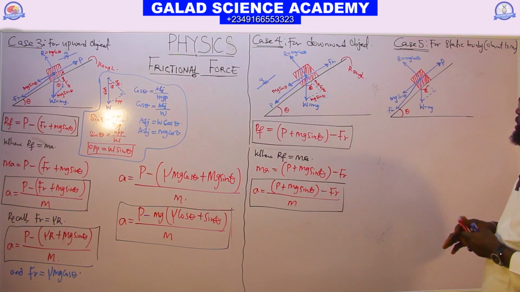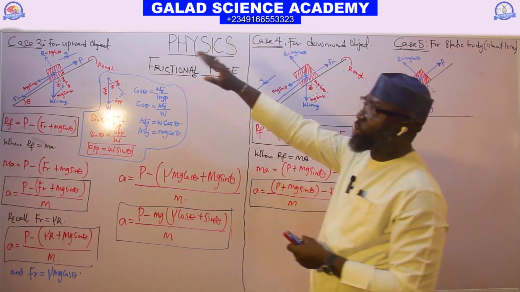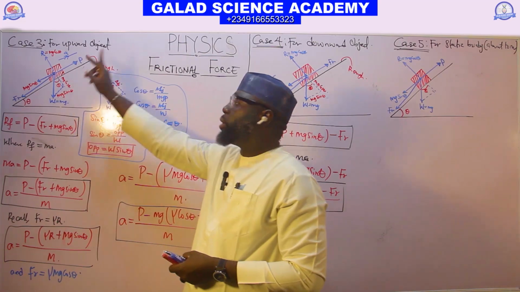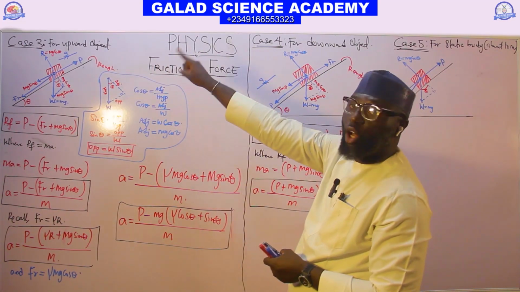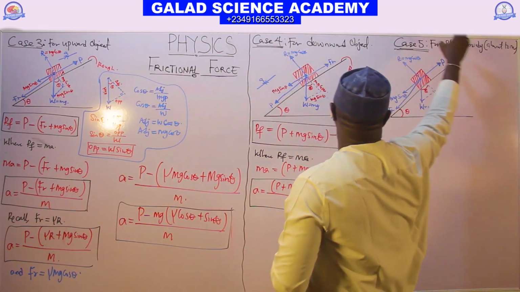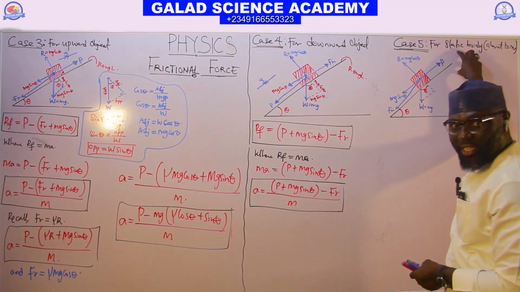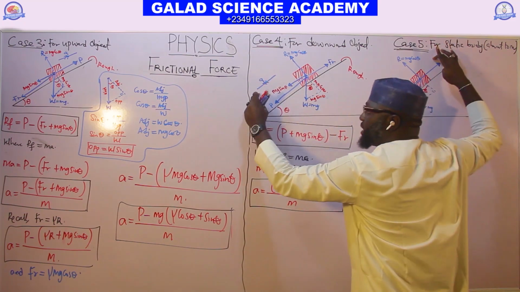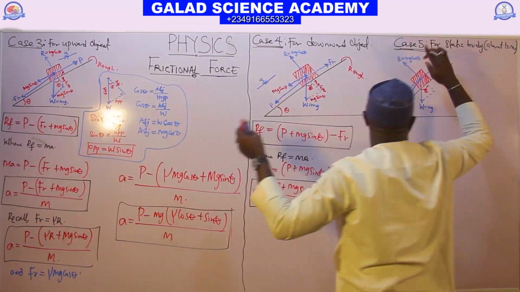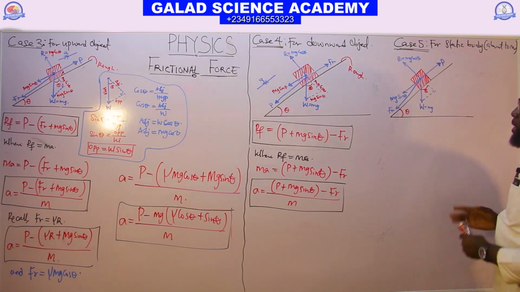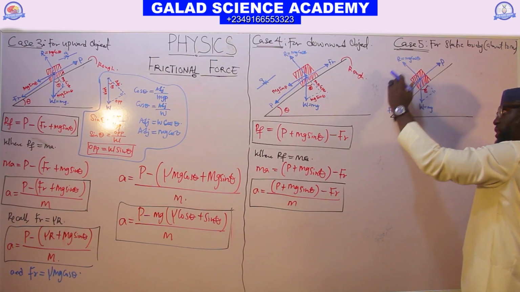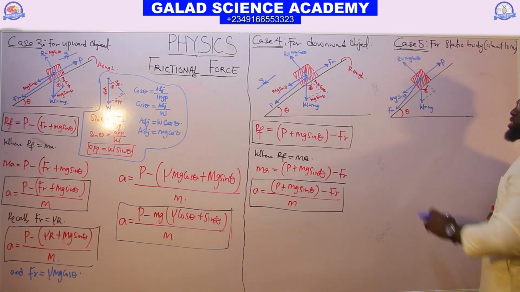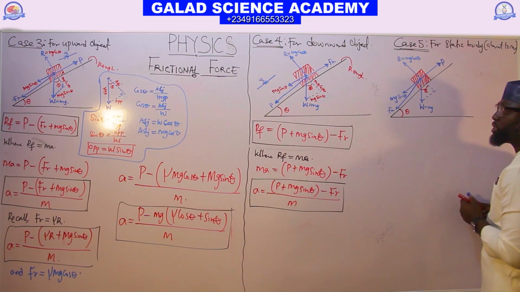We can see that this diagram is the same as the first one here. But don't forget, the third one, case 3, is moving up. This one is at rest. You can see that there is no acceleration here. Here it is moving down, here it is moving up, but here, no acceleration. So the acceleration here is 0 because the body is at rest.